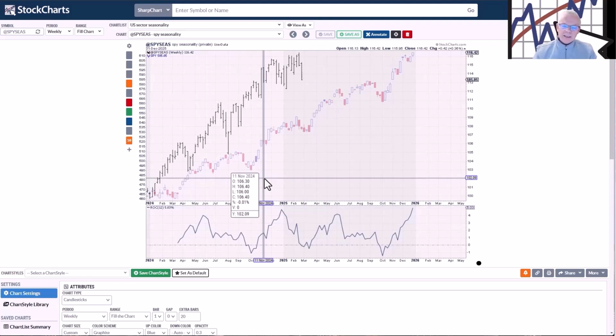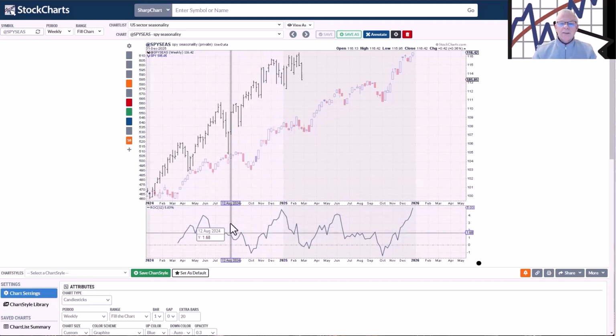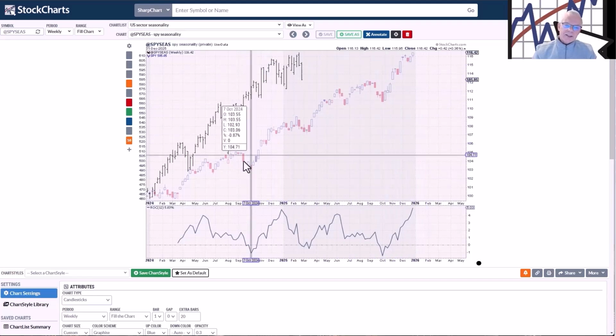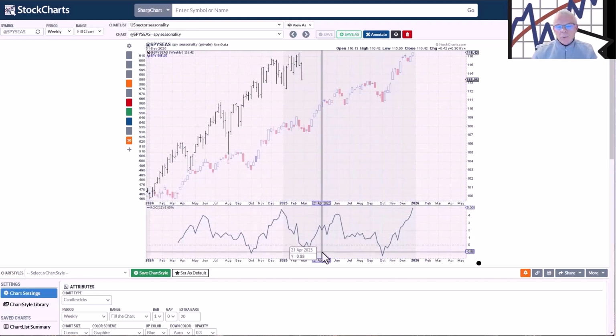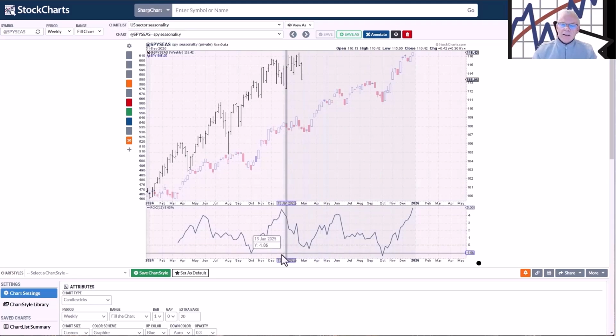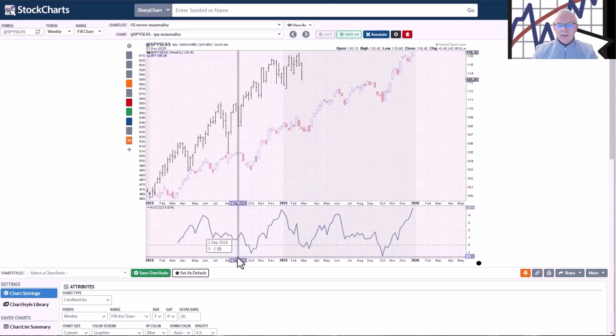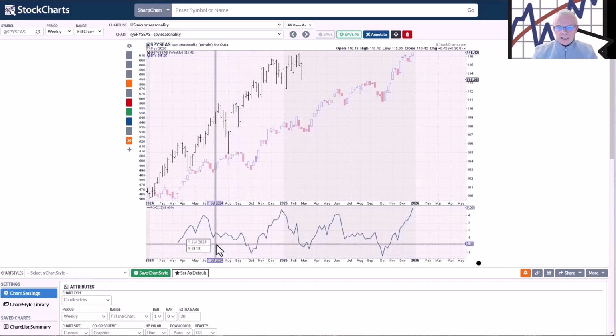And that's what I did here. So I've sort of detrended this seasonal pattern with a 12-week, 1/4 rate of change. And that should give us a pretty good idea about where those sectors, or in this case, the S&P 500, is about to peak and bottom.